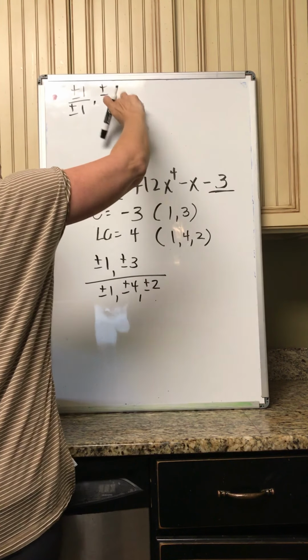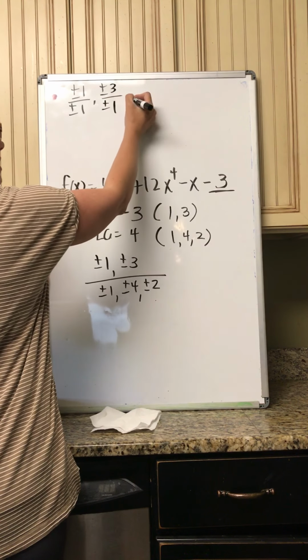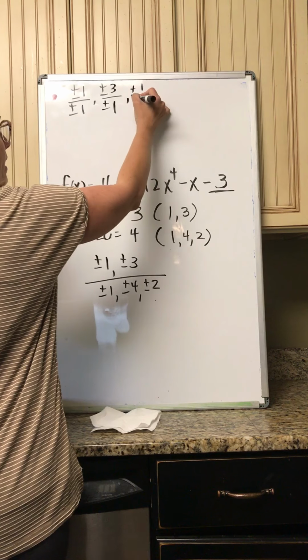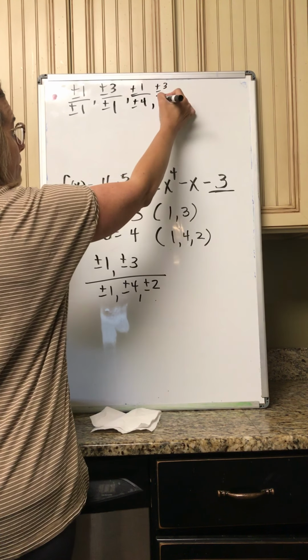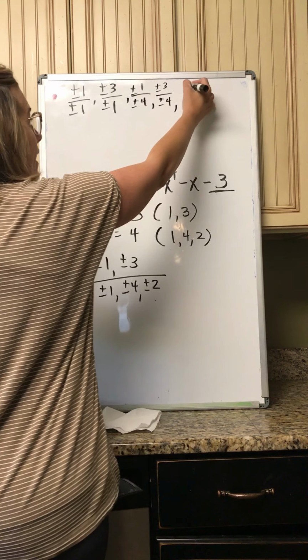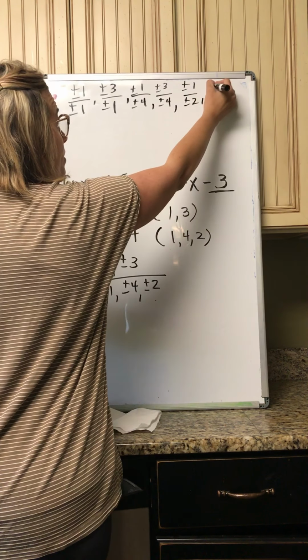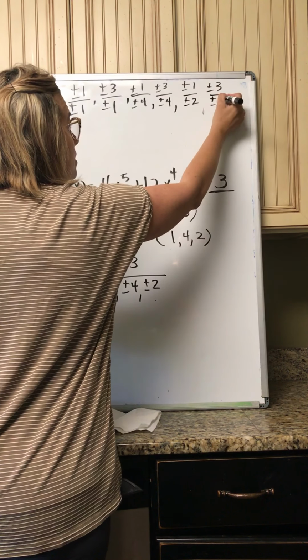It's easier if you do all the top first. Plus or minus 3 divided by plus or minus 1. And then plus or minus 1 divided by plus or minus 4. Plus or minus 3 divided by plus or minus 4. And plus or minus 1 divided by plus or minus 2. And plus or minus 3 divided by plus or minus 2.